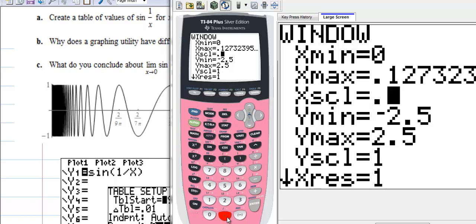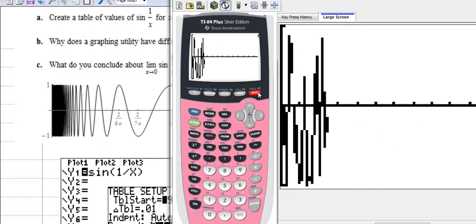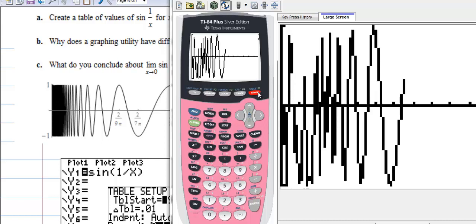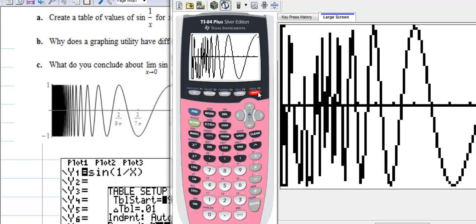And I'm going to go by increments of 0.01 here. And then it goes negative 1, 1. See what kind of craziness. There we go. That's a little more crazy. So that's a little bit more like what they have.